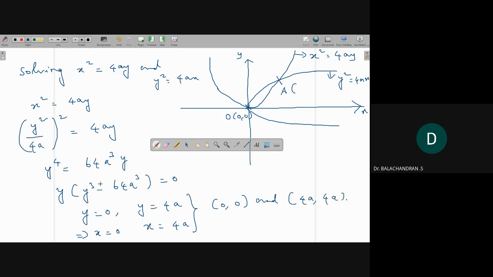So it is better to solve and then write. 4a, 4a. Now, this is the common region. This is the portion.